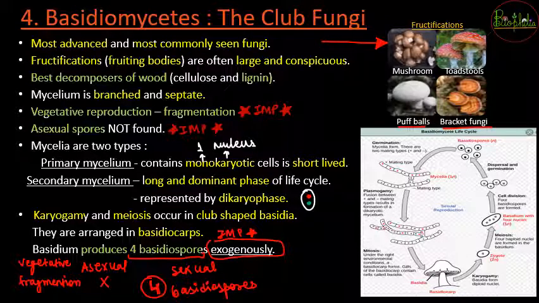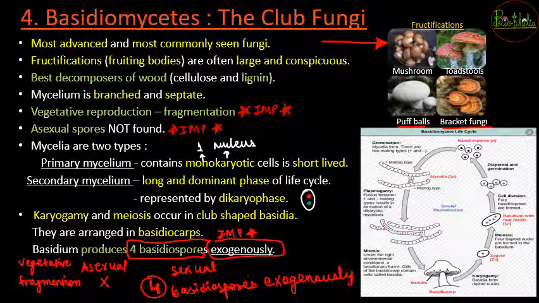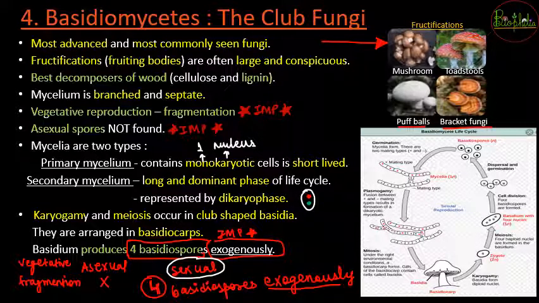So this had been a question asked in MCQs, so you need to focus and give extra point to remember about it. So जो 4 basidiospores बनते हैं, they are exogenously produced. And if you remember about Ascomycetes, तो Ascomycetes में जो sexual phase था, that was producing ascospores, they were endogenously produced.